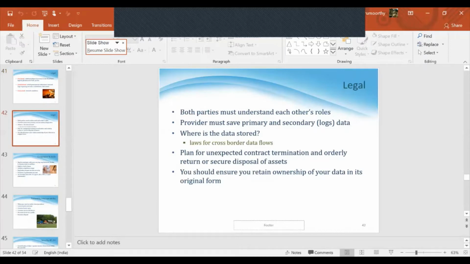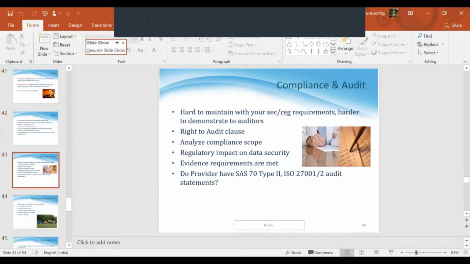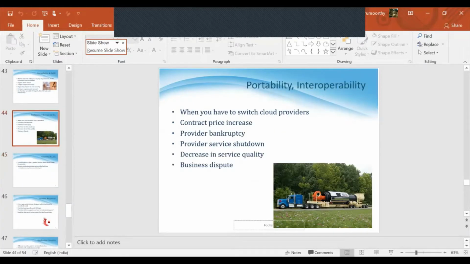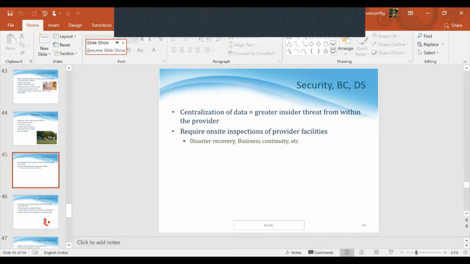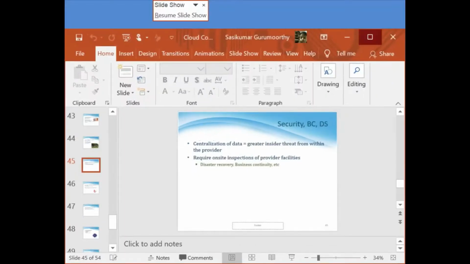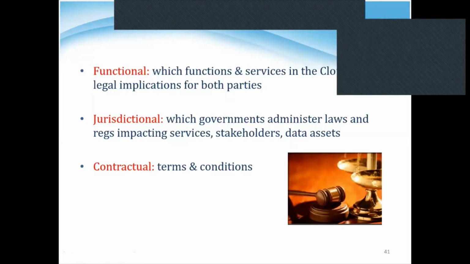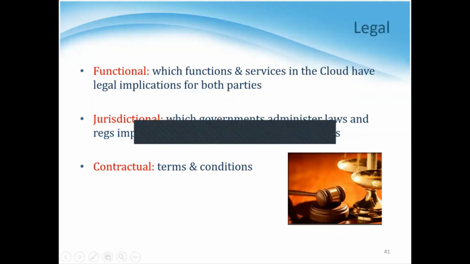This is the ultimate concept about the legal, what we discussed in the last class. And portability and interoperability is one of the most useful concepts behind the cloud. These are some of the concepts we have discussed up to the last class. Today we'll go deeply into other basic concepts related to cloud security.